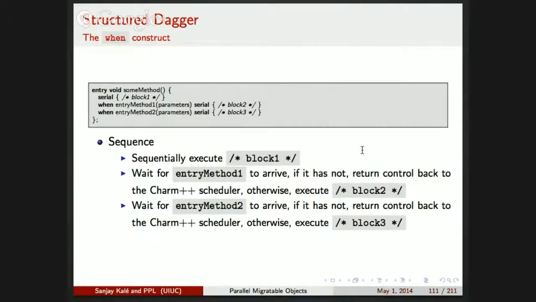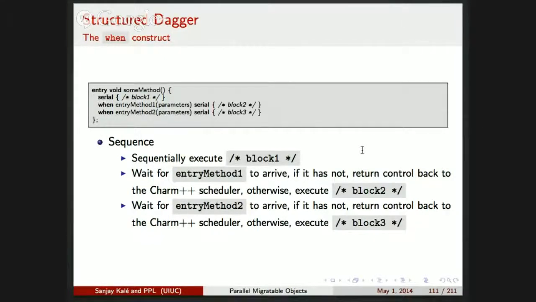The only time I want to execute something that accepts one of those messages is when I see a block of code like this that says, when I get this message, do stuff. And correspondingly, when the runtime system sees that, if it doesn't have a message, that means the object's control flow is blocked. So it's just going to return to the scheduler and stop execution at that point.